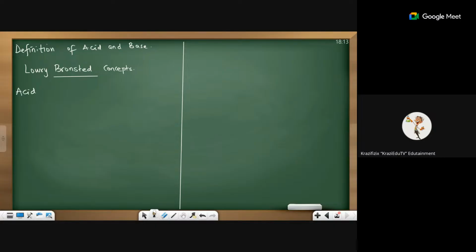An acid is a proton donor. Now, what is a proton? It's a hydrogen ion. So whenever we say proton, the formula is H+. It's a hydrogen ion, and a base is a proton acceptor.